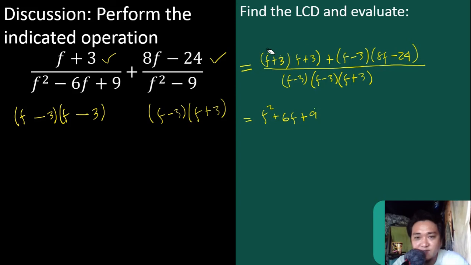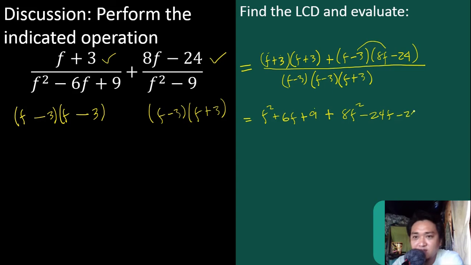The inside term, 3f. Outside term, 3f also. We add them, 6f. Plus, this one. Let us take it one at a time. We can multiply this using the distributive property. That will be 8f squared. F times negative 24 is negative 24f. This becomes 8, 16, 24. Another 24.